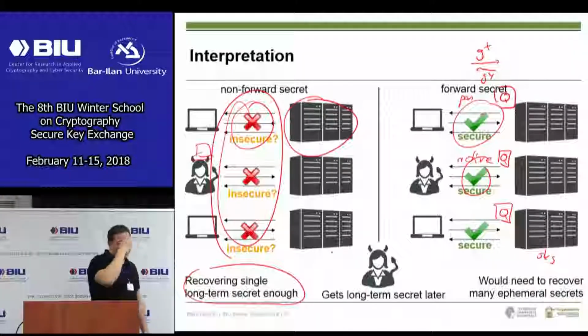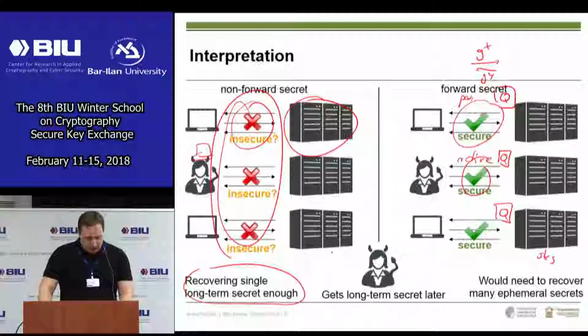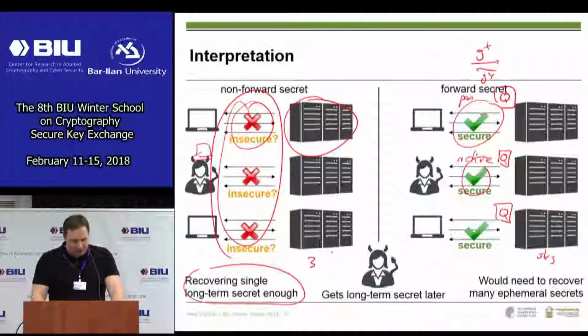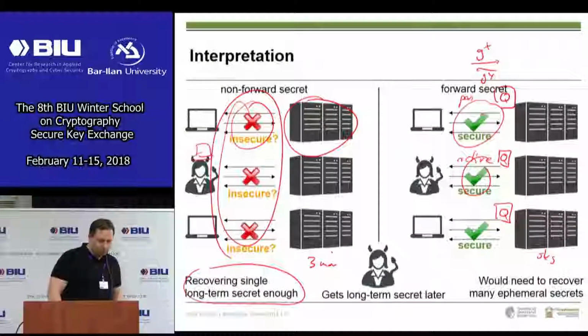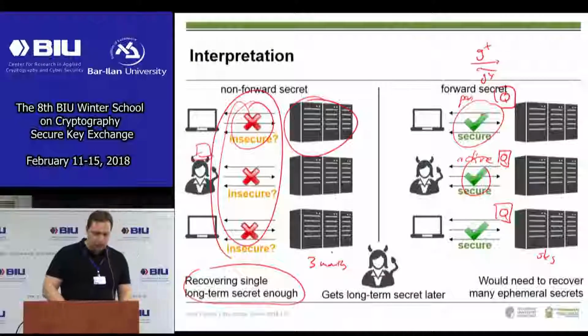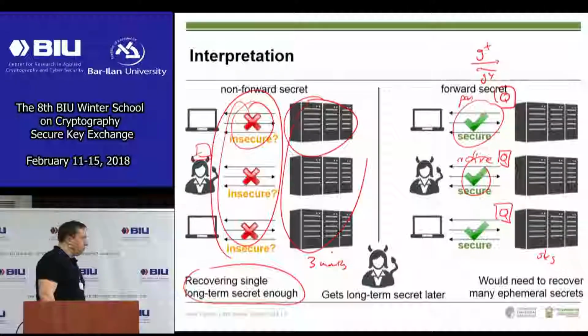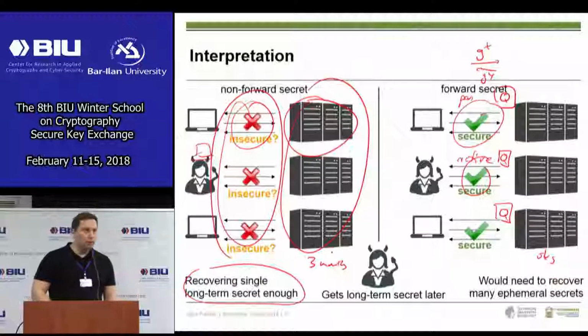Okay, so let's look at TLS. Of course, it is forward secret, no doubt. And the reason is that if you look at the final channel key, it is computed over an ephemeral Diffie-Hellman key exchange, this g^x and this g^y.